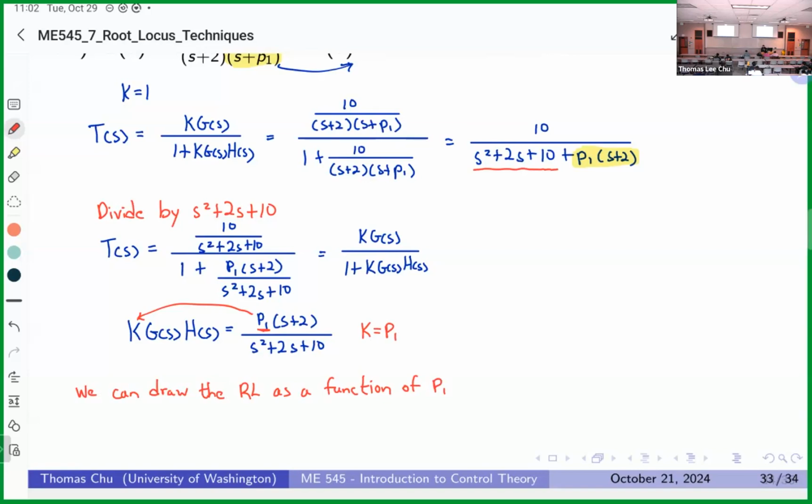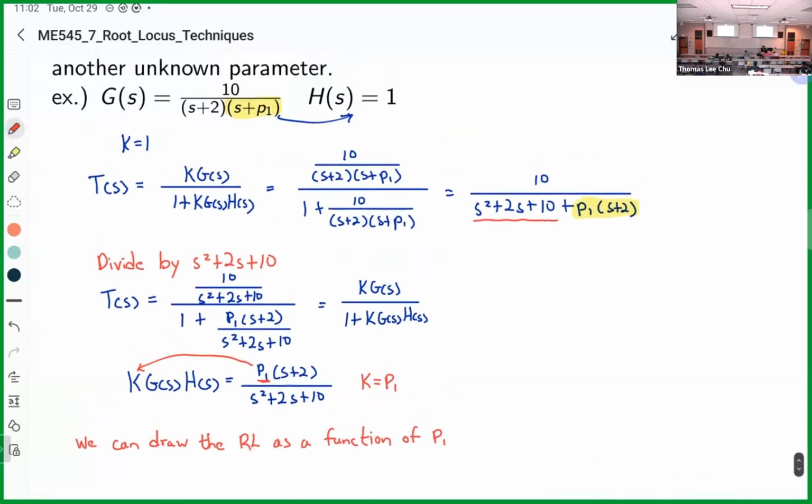It's just a little trick. I'm not exactly sure what the purpose of this trick is. I haven't really found an application for it, but the book mentions it, and I thought it was worth mentioning. It's a different approach to root locus, but the same exact concept, just applied slightly differently.